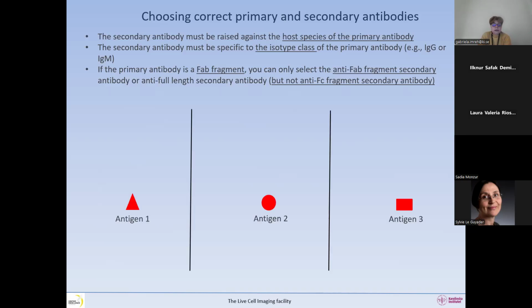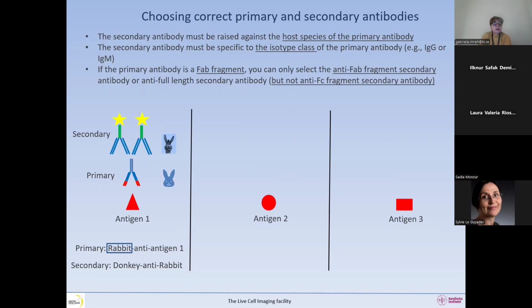So here I give an example. Let's say that we want to identify antigen 1, 2, and 3 on a human tissue, and the antibody binding to antigen 1 was raised in rabbit. That means that the secondary would be raised in another species, but against the rabbit primary antibody. So, for example, donkey anti-rabbit.